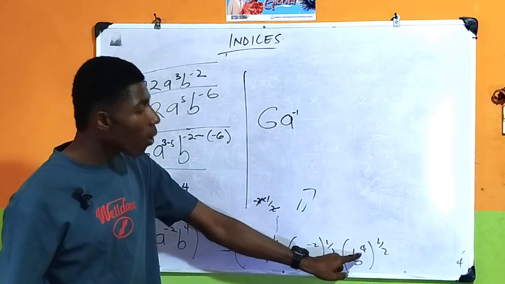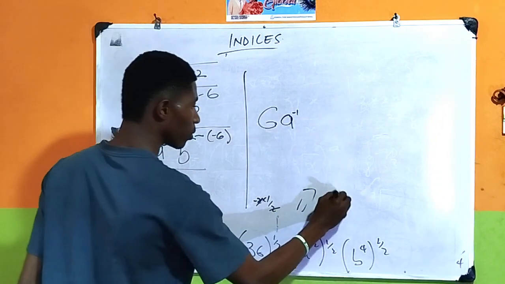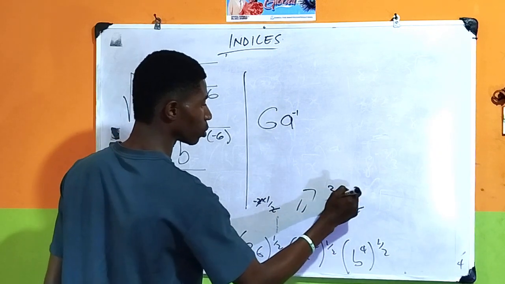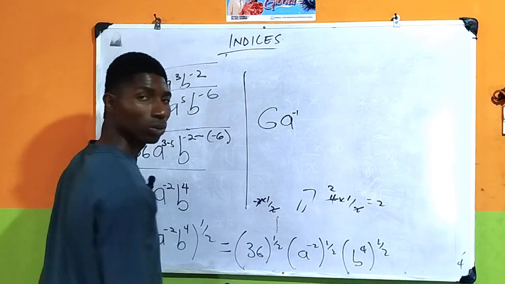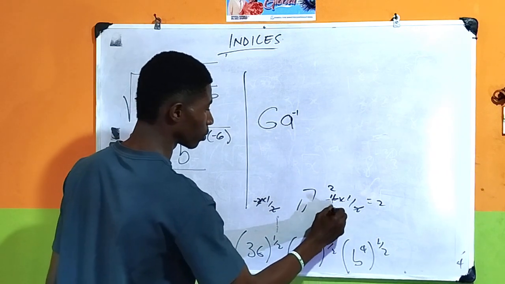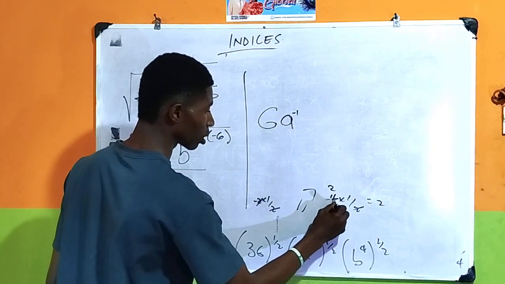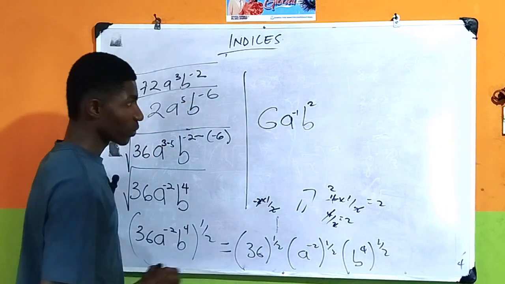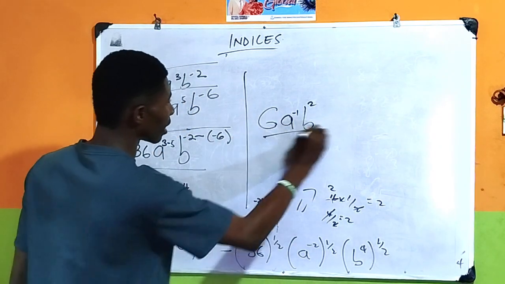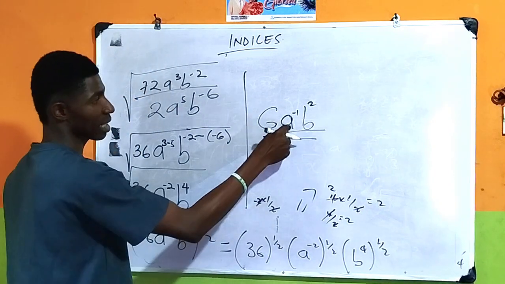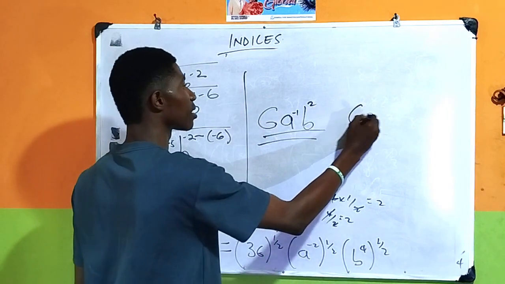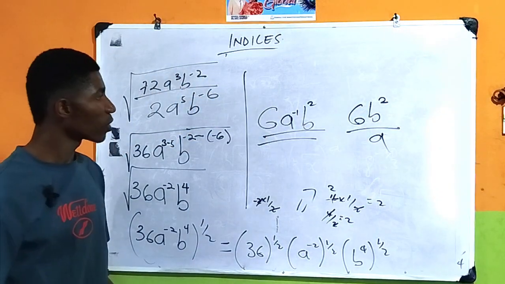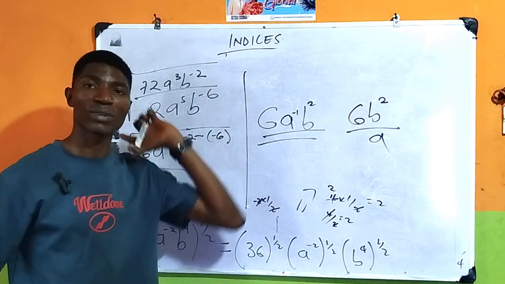So 4 times 1 over 2. 2 cancels out 4, leaving 2. So I have b power 2. So this is my final answer. Or I can write this as 6b squared over a, because of this negative index.